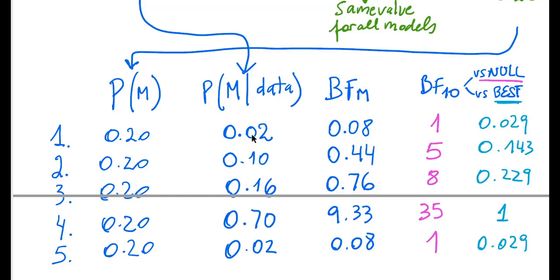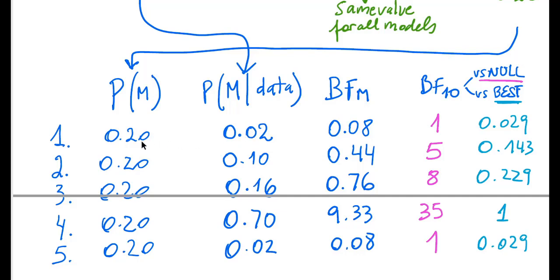So in this case, what we have is that the probability of model 1, which is the null model, after observing the data, is 0.02. Now, these five values should add to 1.